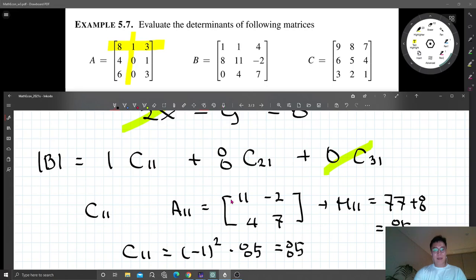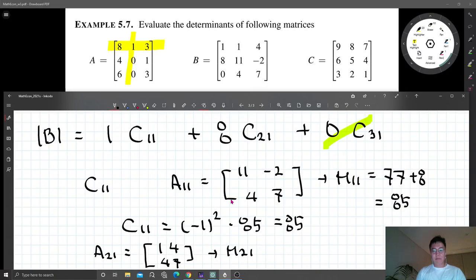And second, we need to compute C sub 2, 1. A sub 2, 1 is the matrix 1, 4, 4, 7, right? And so the minor M sub 2, 1 is 7 minus 16, so it's negative 9.